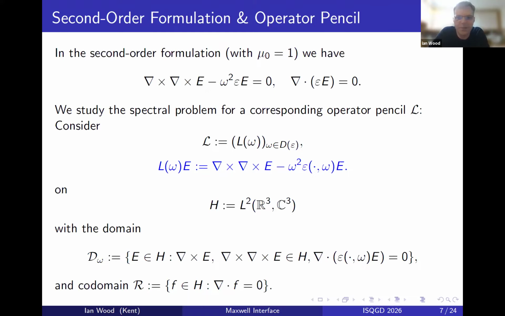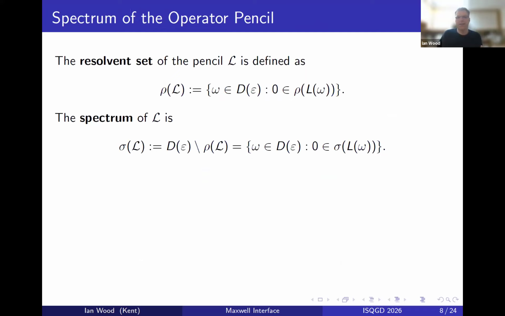We've got a family of operators, and so we have to say what we mean by the spectrum here, but this luckily came up in Monica's talk with the Schur complement yesterday. We're going to do the same thing here. So we say that omega is in the resolvent set of the operator pencil if 0 is in the resolvent set of the operator L of omega for the fixed omega.